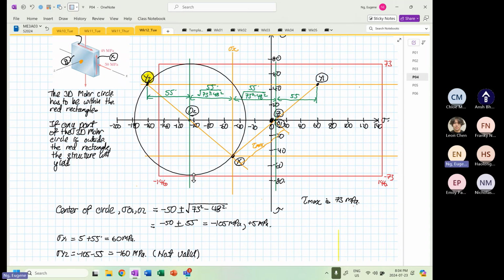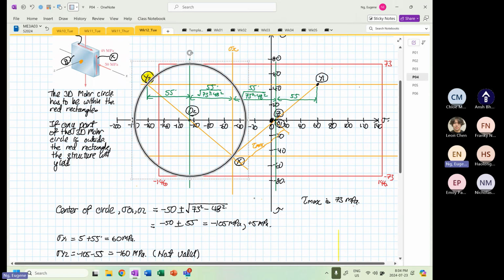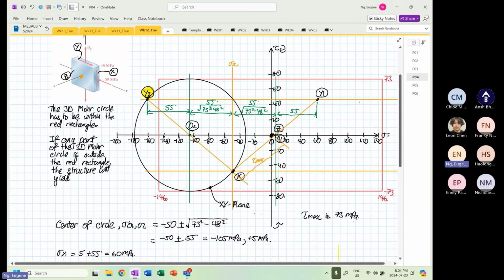So this is our first circle. Okay, and our first circle is touching, so this is our XY plane. And our XY plane is, as you can see, the in plane.